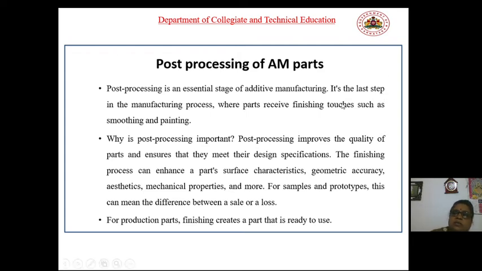It is the last step, where the parts receive finishing touches such as smoothing and painting. Why is post-processing important? Because it improves the quality of the parts and ensures the accuracy so that they can meet their design specifications. Hence post-processing is very important in additive manufacturing.